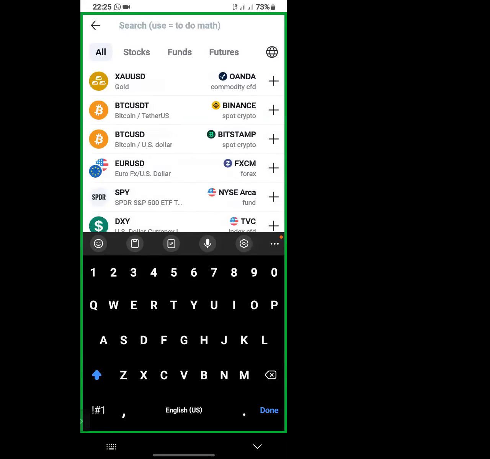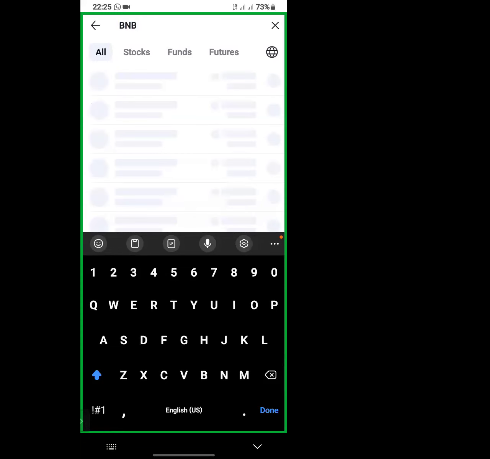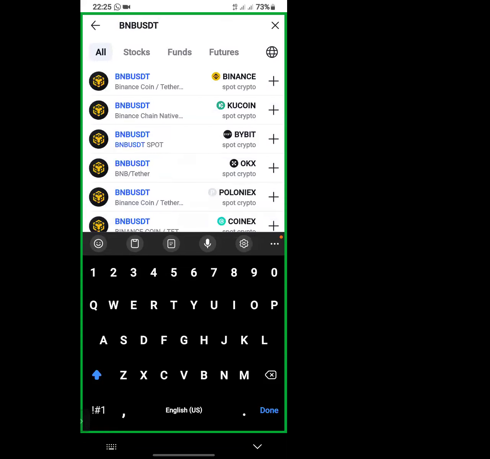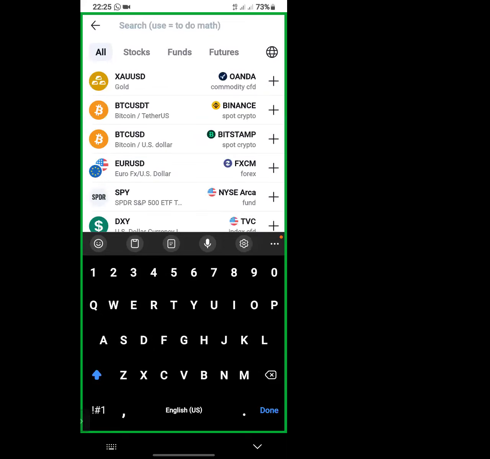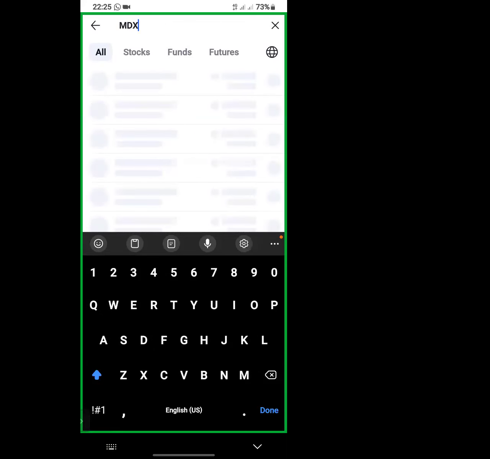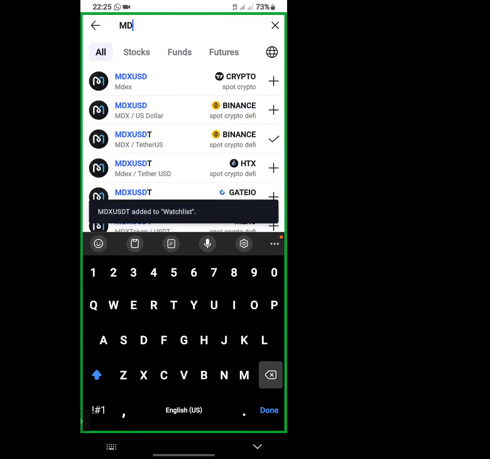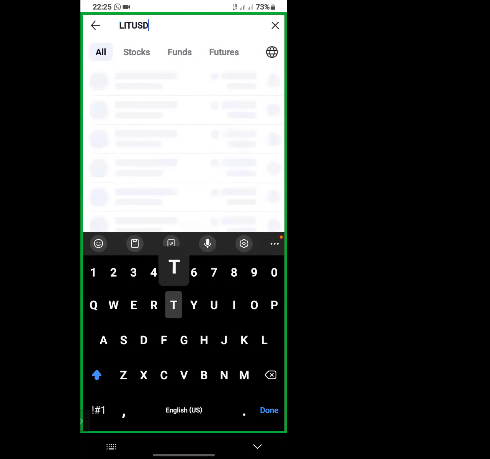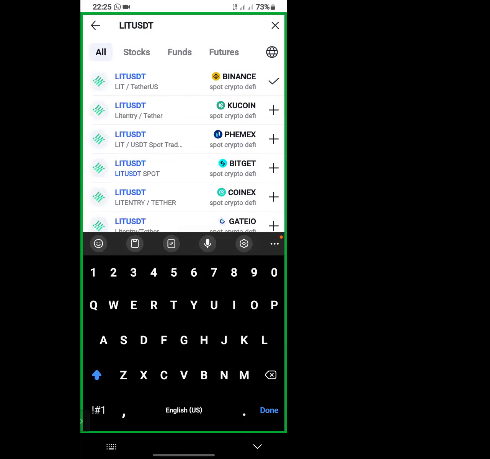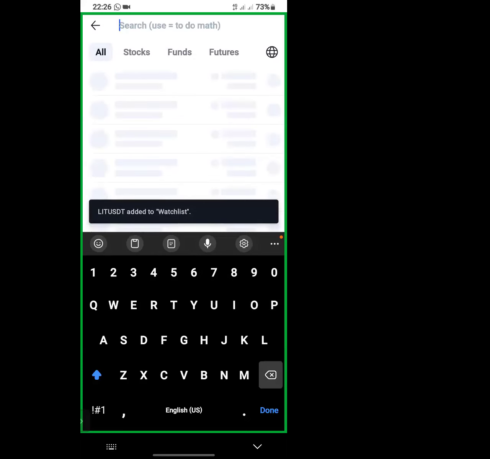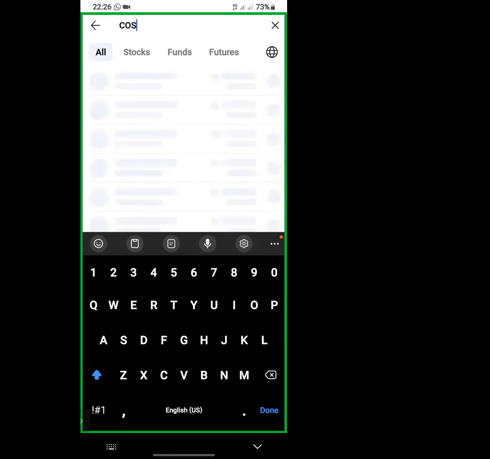You can add BNB, USDT. Just go to your Royal Queue and look at them, because for me, I'm used to them. I know them. MDX, USDT, LIT, USDT. Let me put in most of those coins that are being held by many of you.